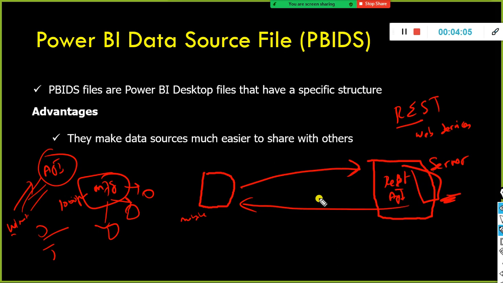Using your mobile phone, you are connecting to the Twitter server using the REST API, so you don't have to be aware of the underlying logic. So what we will do is there is something called OData, and we will try to connect to that.